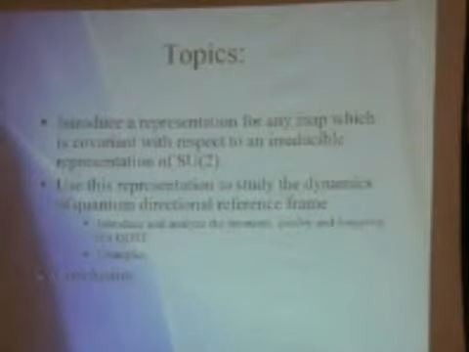The first part of my talk is going to be much more mathematical. I'm going to give a polynomial representation for any map that's covariant with respect to an irreducible representation of SU(2).